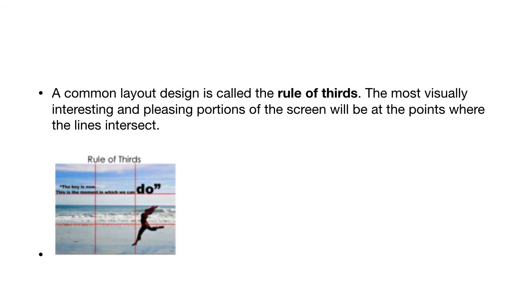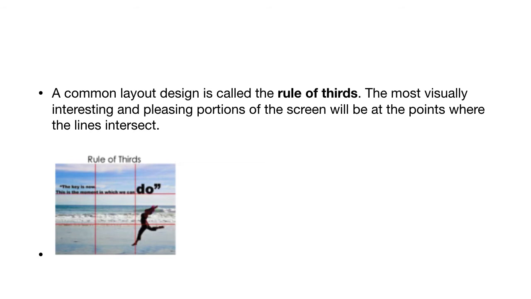Next, talking about the rule of thirds. What is it? A common layout design, which I call the rule of thirds. If you divide the screen or your slide using two imaginary lines horizontally and two vertically, you end up with 9 sections right here.